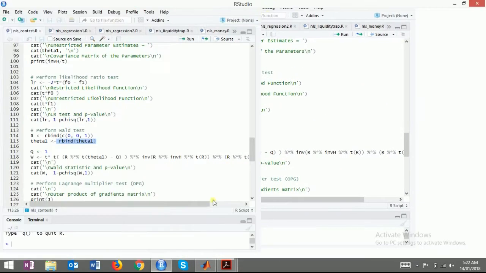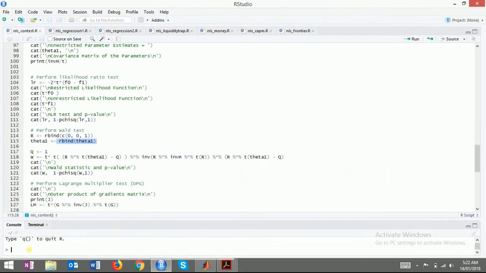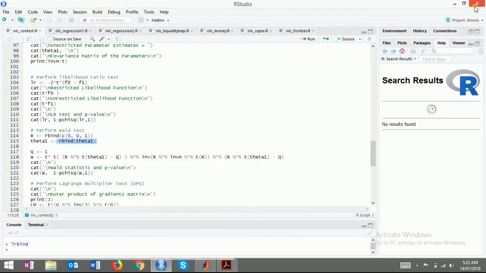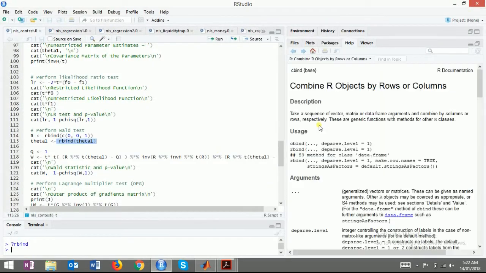We can check what row bind is. It combines R objects by rows or columns.